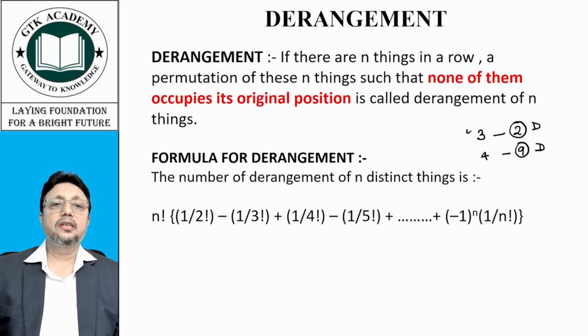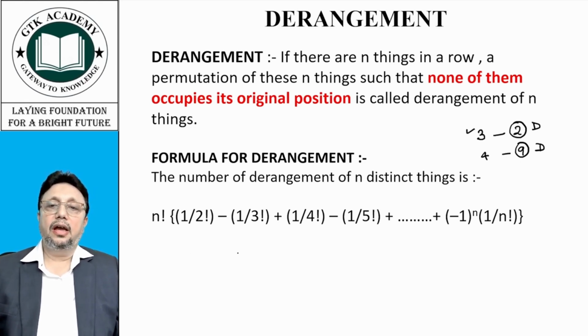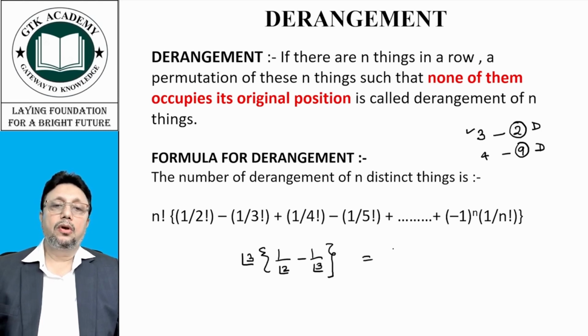For the first case, that is 3 things, n is 3, factorial 3 times (1 upon factorial 2 minus 1 upon factorial 3). It comes to 6 times (1 upon 2 minus 1 upon 6). Take 6 as LCM.